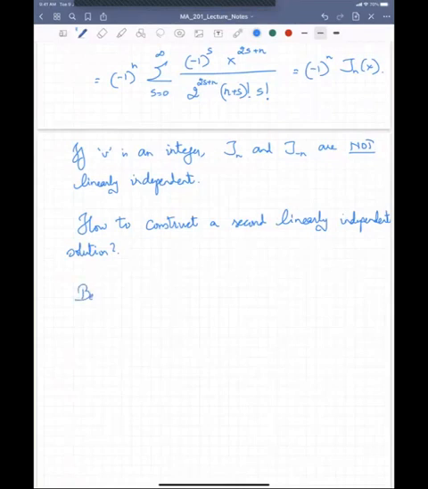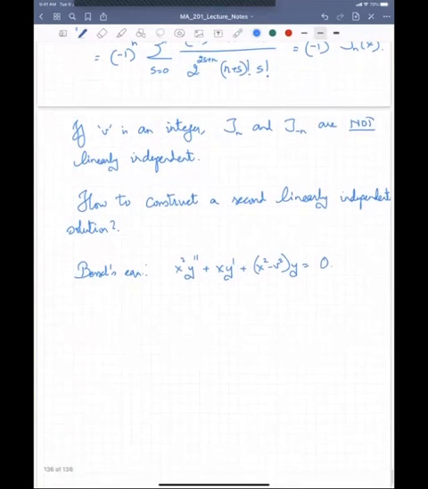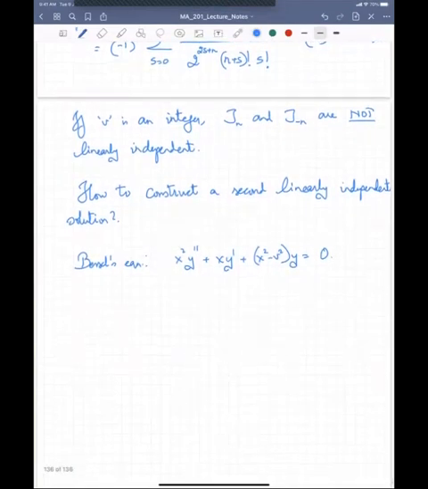Bessel's equation is x squared y double prime plus x y prime plus (x squared minus nu squared) y equals 0. Okay, remember that I want it for nu equal to an integer. So I will first start with nu equal to 0.